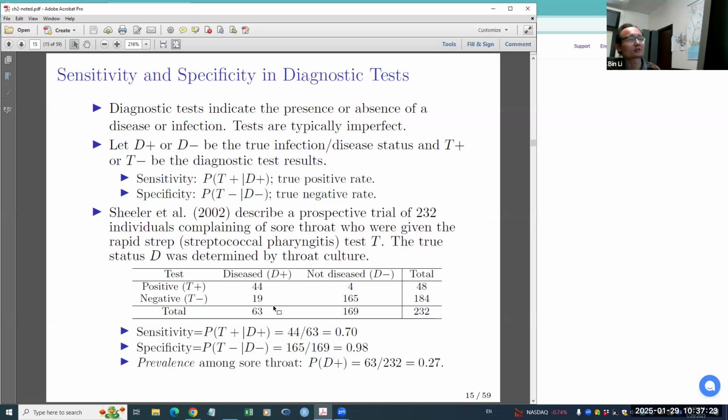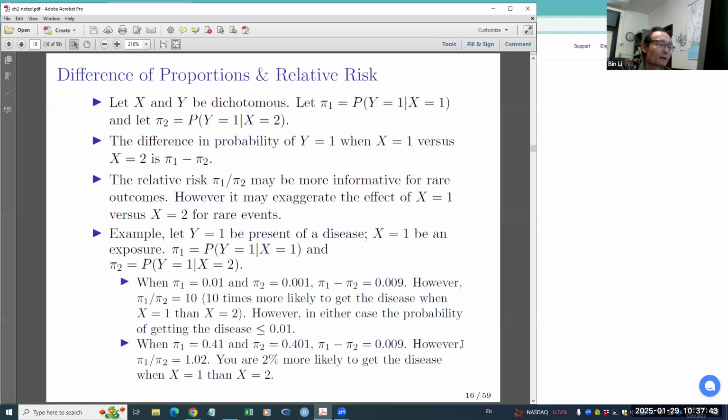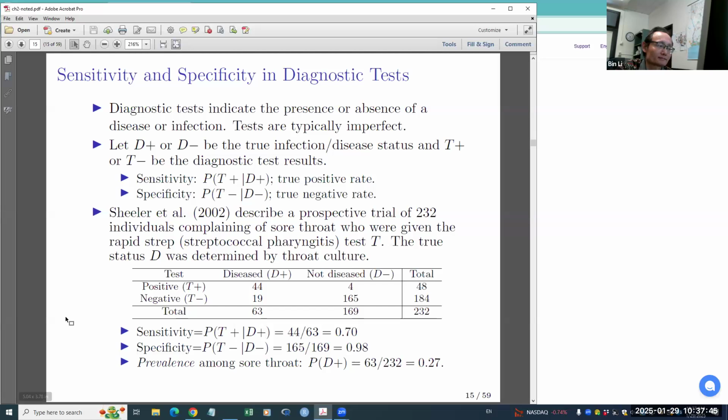Okay, so this just shows the sensitivity and the specificity and prevalence in this example. These are very commonly used in the medical science. And also for comparing classification methods, people also use sensitivity and specificity.